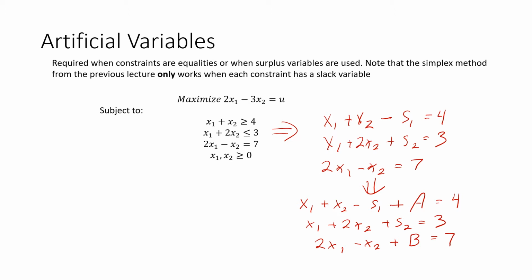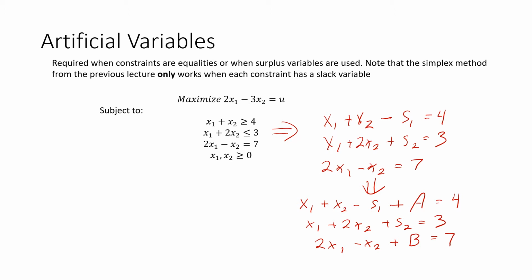And we've got a couple of methods that we're going to see to handle this case where we have artificial variables. Really, the simplex method demands that you have slack variables. That in every constraint, you have plus something, where that something only appears in that equation.